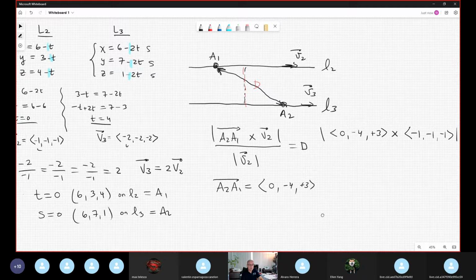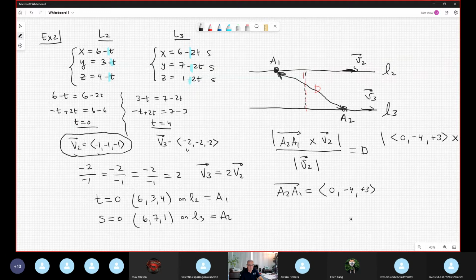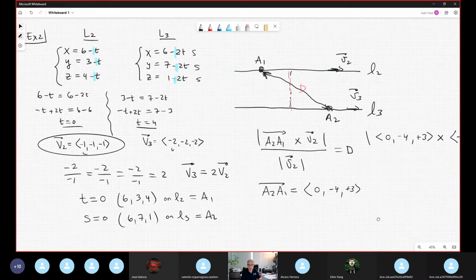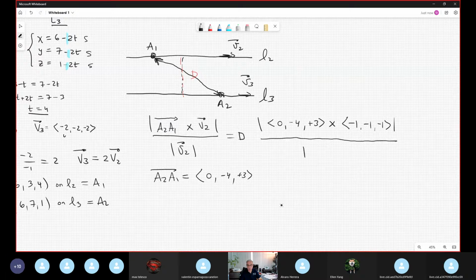Yeah, look at that. Of course, since you made the decision using B2, you divide by the magnitude of B2. If you use B3, you divide by the magnitude of B3.